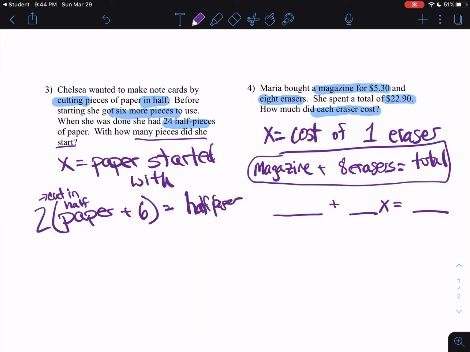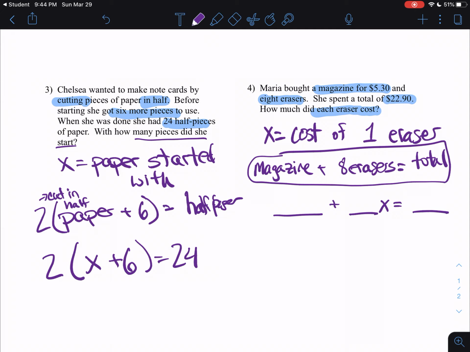And then that equals my half paper. So then I'm going to put numbers in. I'm going to leave that 2 because that's like my doubling. And then parentheses, the paper I started with is X plus the 6 pieces that I got equals, and how many half pieces did I get? 24. Now, I saw on day 2, we did an excellent job of solving at this point.